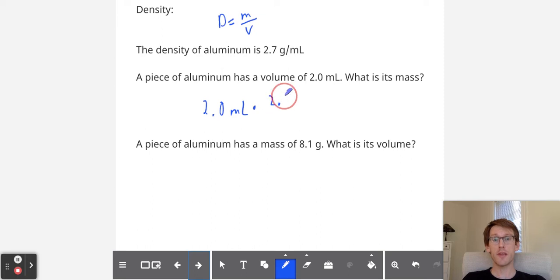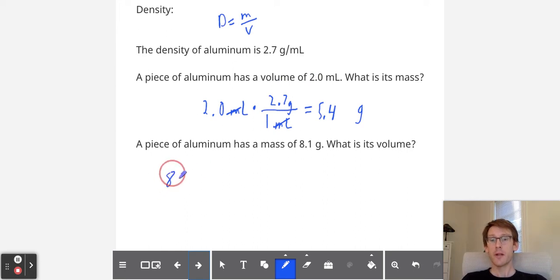I'm going to say 2.7 grams of aluminum exist for every 1.0 milliliter of aluminum. And if I'm solving for mass, the milliliters cancel out, and I get grams on both sides, which is what I want. I find that 5.0 grams would be the mass of this 2.0 milliliter sample.